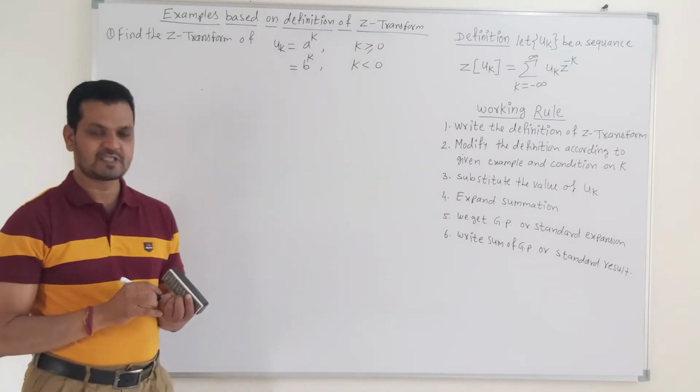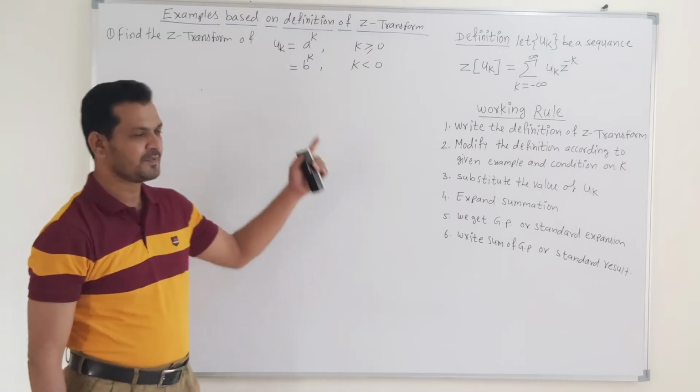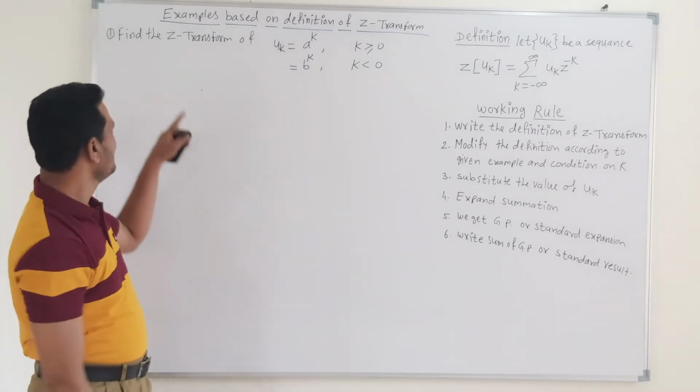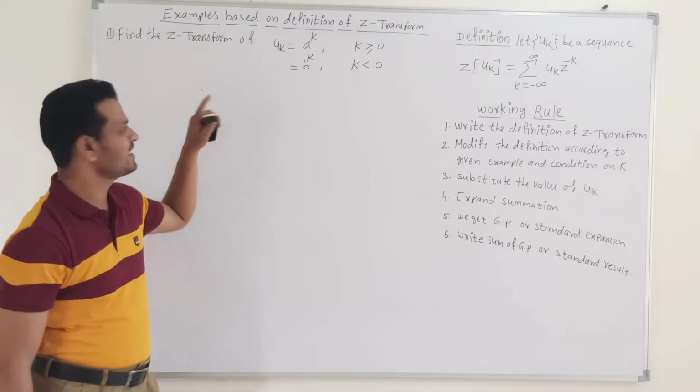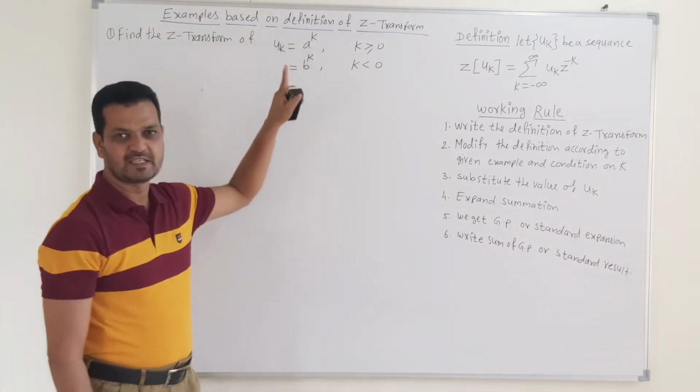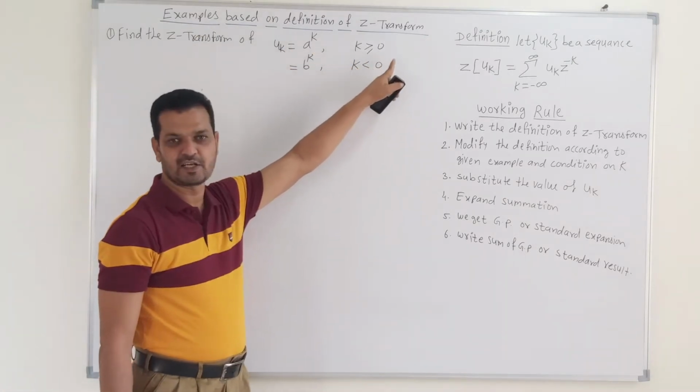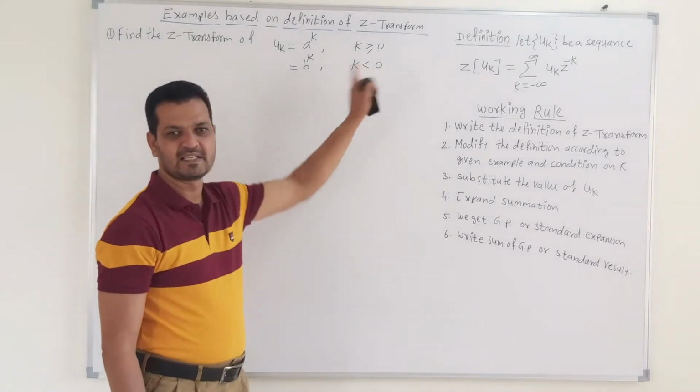This is the first and simple question to understand this concept, an example based on the definition. So friends, here our aim is to find the Z transformation of the sequence UK, which is given as a raised to k for k greater than or equal to 0, and b raised to k for k less than 0.